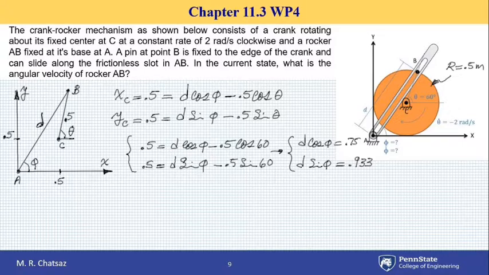If I take the second equation, the bottom equation, and divide it by the top one side by side, I'll have d sine phi divided by d cosine phi equal to 0.933 over 0.75. d cancels out. Left side is nothing but tangent.